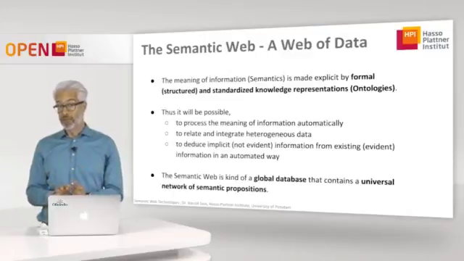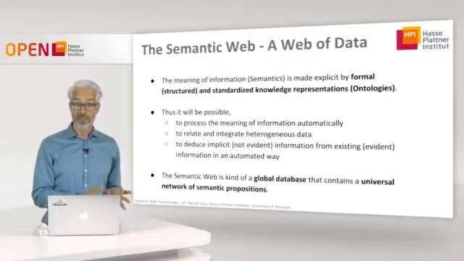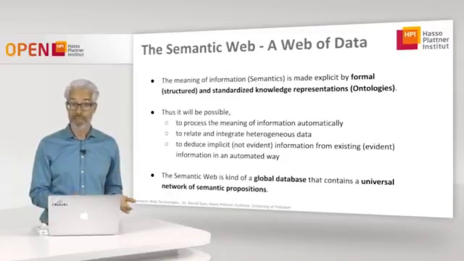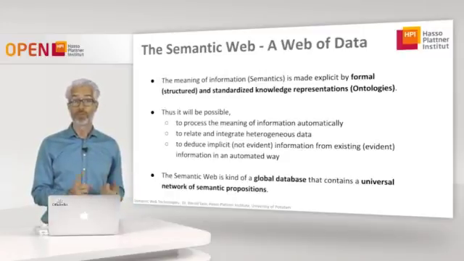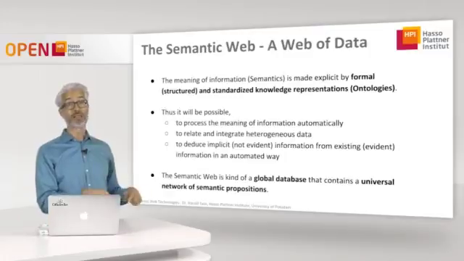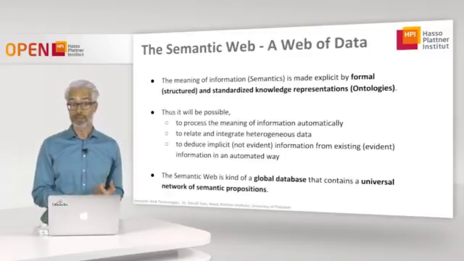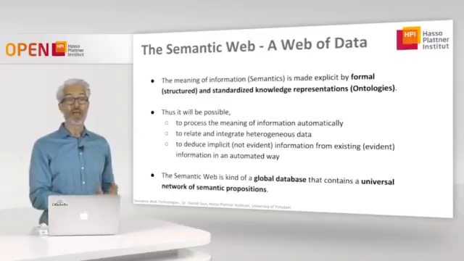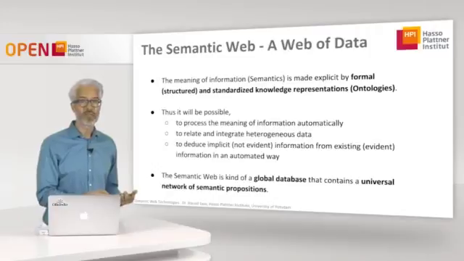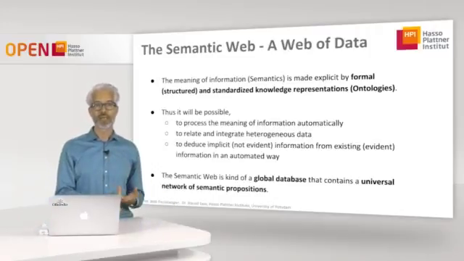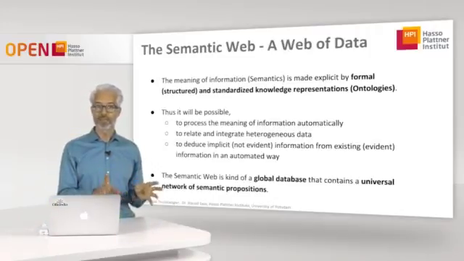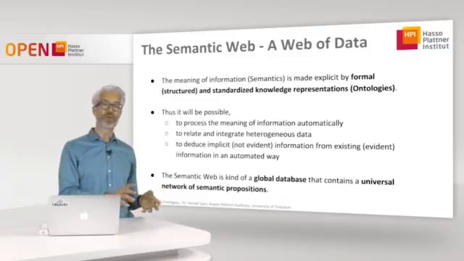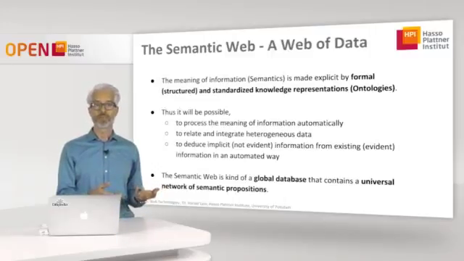If you provide explicit information about the semantics, then it will be possible to process the meaning of information automatically, which is rather nice, because then machines are able to understand this meaning automatically, to a certain extent, of course. And then it would also be able to relate and integrate heterogeneous data in an automatic way and to deduce implicit, not evident information from existing, evident information in an automated way.